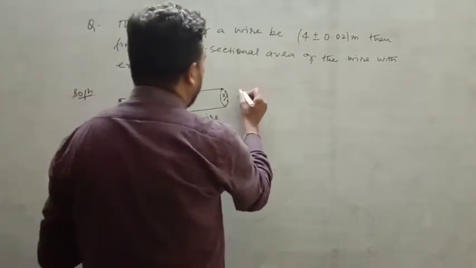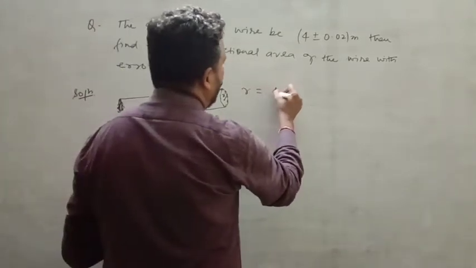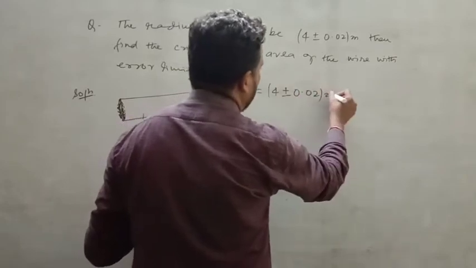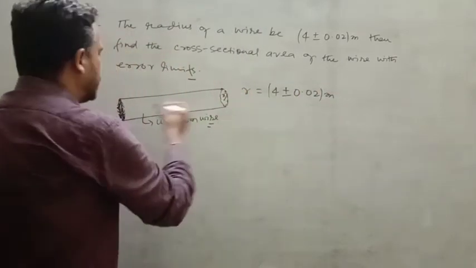The radius is given as 4 plus minus 0.02 meter. Then you have to find the cross sectional area of the wire.